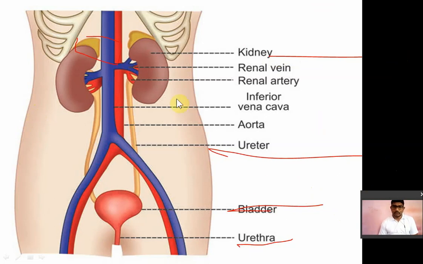These kidneys are supplied with blood by the aorta, and the aorta divides into smaller arteries known as the renal artery. The renal artery will supply oxygenated blood to the kidneys, and the renal veins will drain the blood from the kidney to this inferior vena cava. Now we'll see these organs one by one in detail.